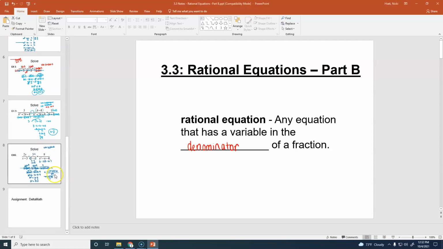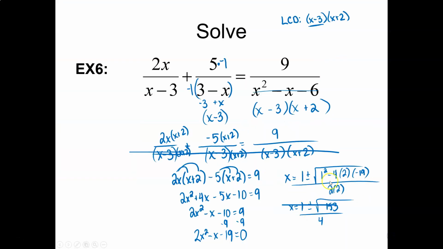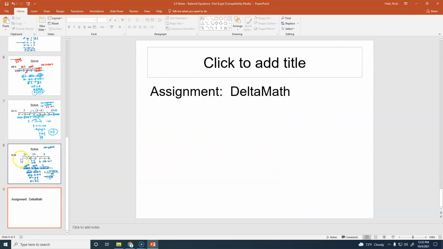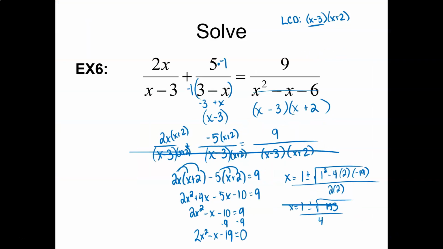Uh-oh. So, gosh, I keep doing it. So this will break down into 9 and 17. So 1 plus or minus 3 root 17 over 4. That will not reduce any further, so you would leave that as your answer.